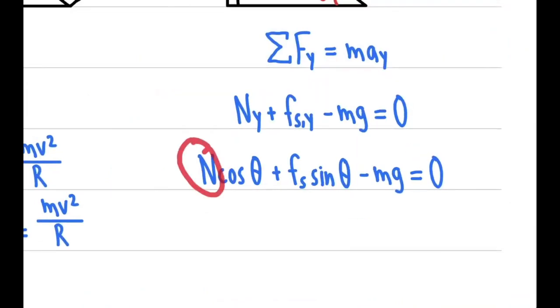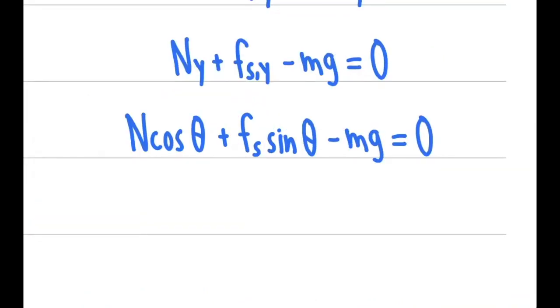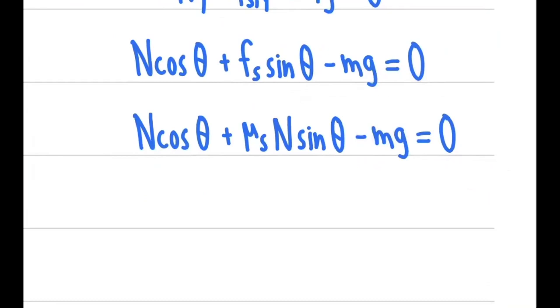So we're trying to find N. Remember the maximum static friction force is mu s times N. So I'll substitute that. And to find N, I'm going to factor out the N from the first two terms, and I'm going to add mg to both sides. So you're going to get this.